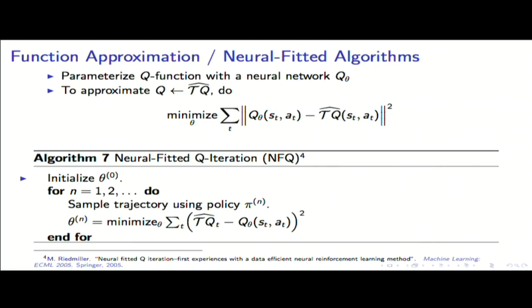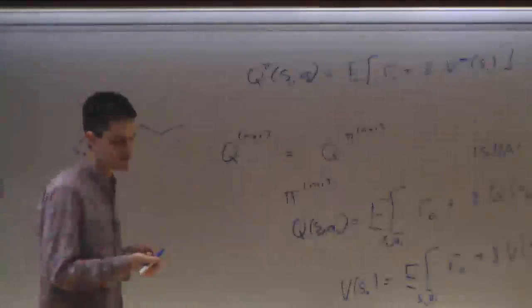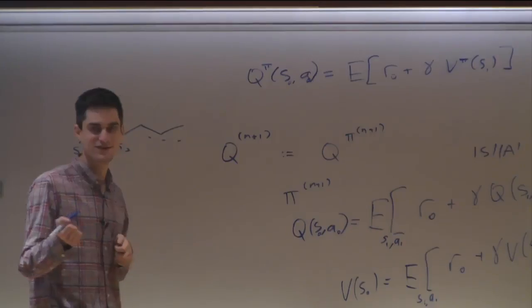So would it be possible to define pi n as the argmax of your Q theta at that point in time, or would that not be a good idea? Yeah, that's actually what you're supposed to do in this algorithm. So usually you define it as the greedy policy plus some noise somehow.